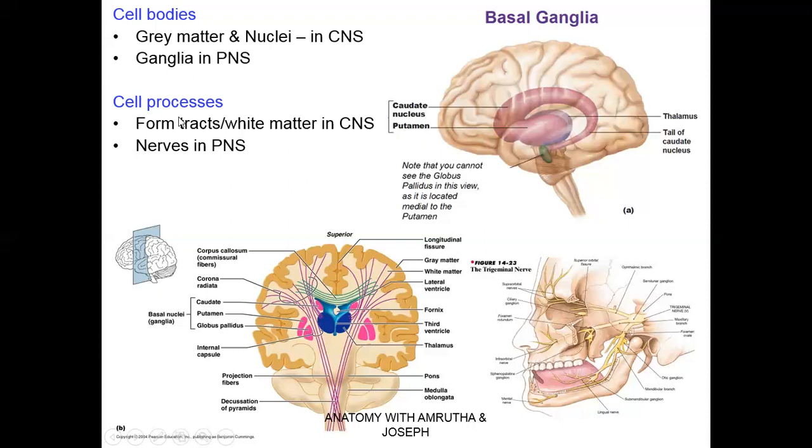Now, let's see the collection of cell processes inside the central nervous system. They are called as tract or white matter. Whereas the collection of cell processes outside central nervous system, that is in the peripheral nervous system, they are called as nerves.